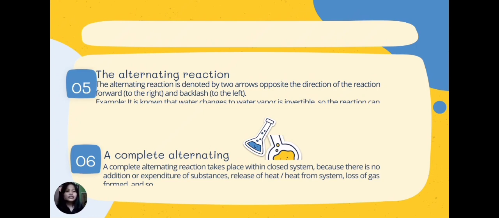Example: it is known that water changing to water vapor is reversible, so the reaction can be written that way. Next, a complete alternating reaction takes place in a closed system, because there is no addition or loss of substance and no release of heat from the system.